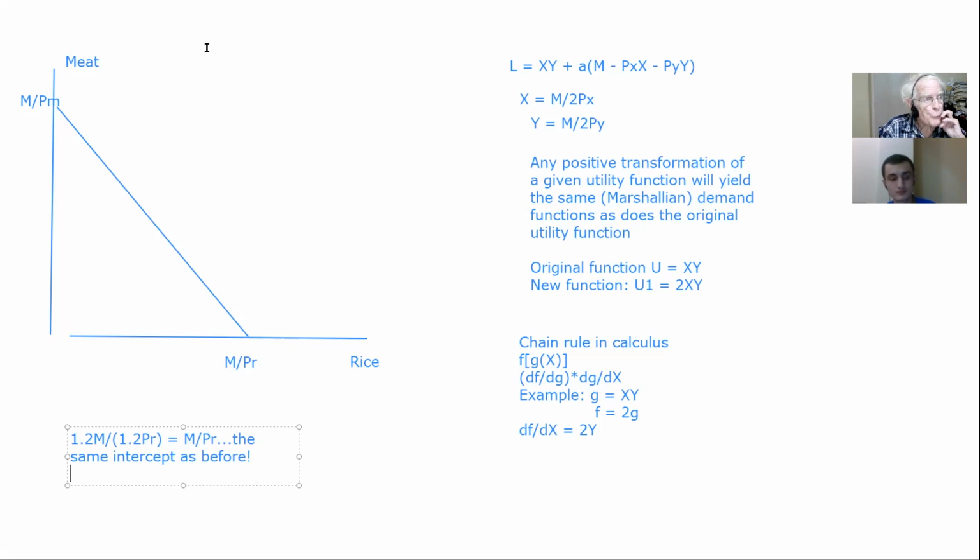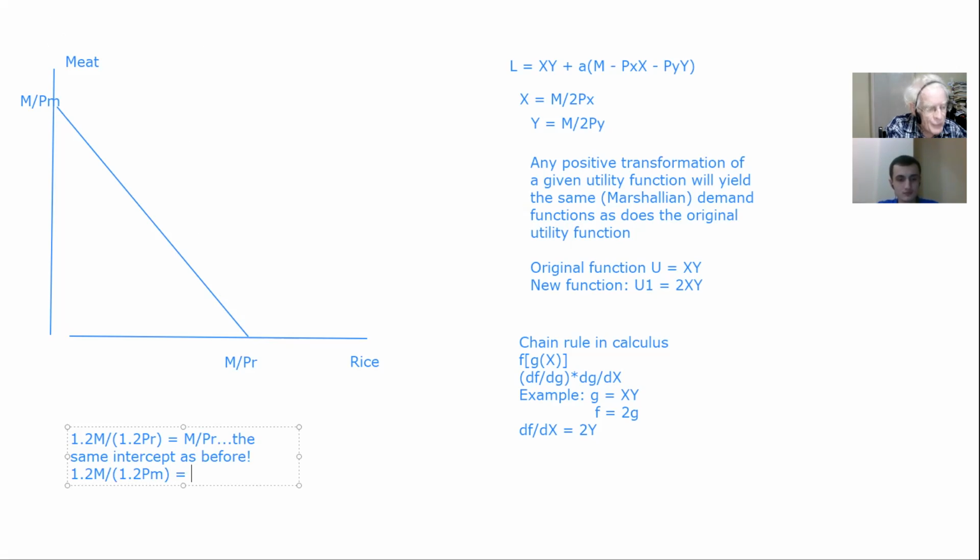So what about the vertical intercept? How does this change in response to the 50% increase in prices and income? Income rises by 50% and the price of meat also rises by 50%.